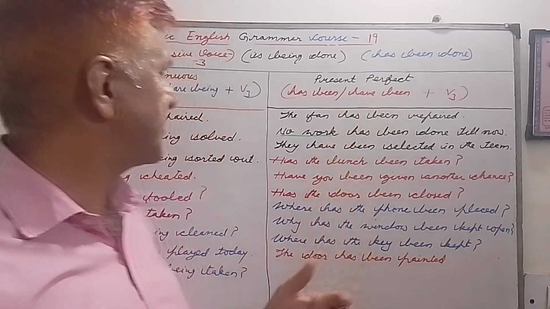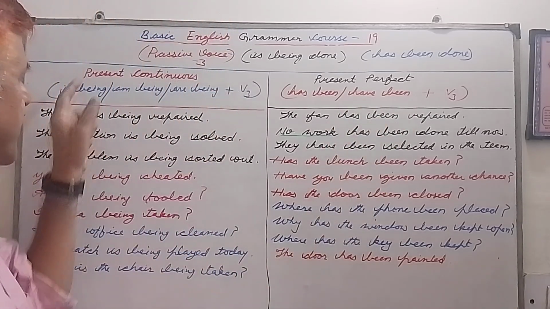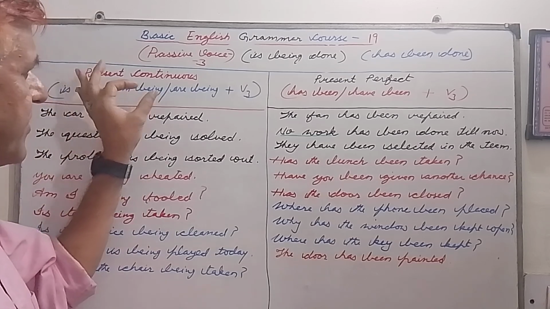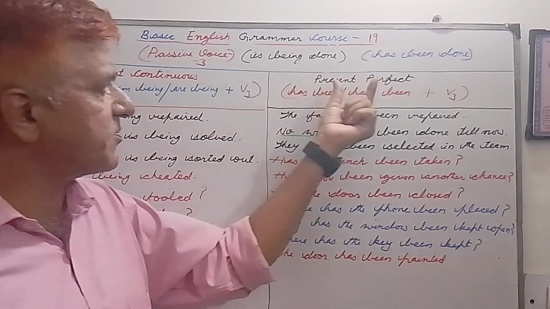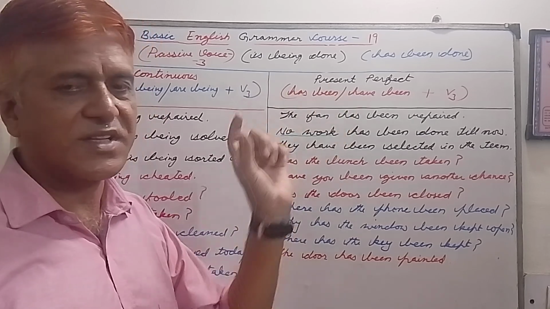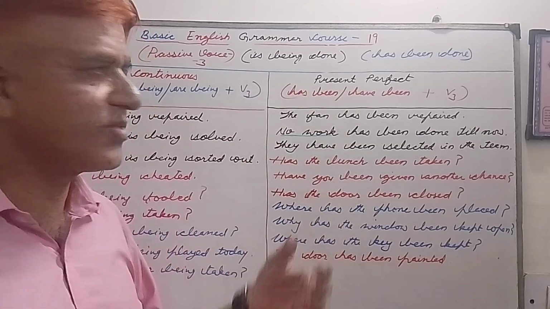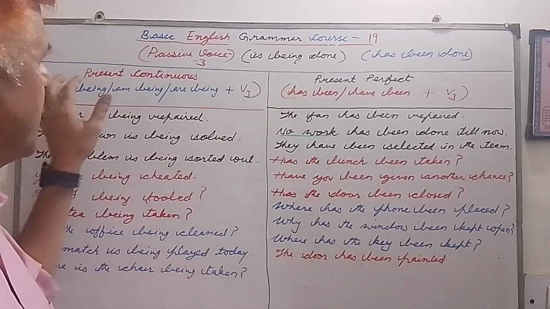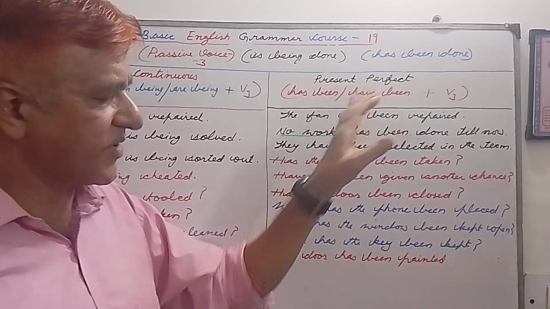So if you do passive voice of past continuous, which helping verb will you use? Was being or were being. And in past perfect, which helping verb will you use? Had been. So please remember, and you can also understand the passive voice of past continuous and past perfect tense.